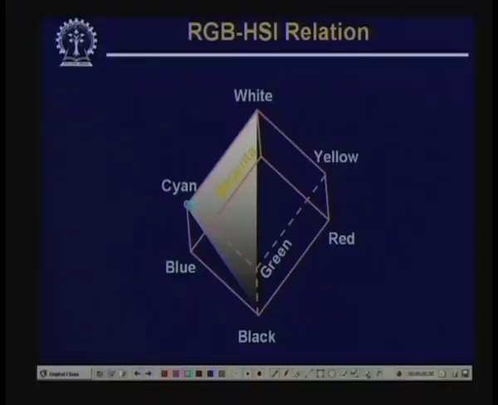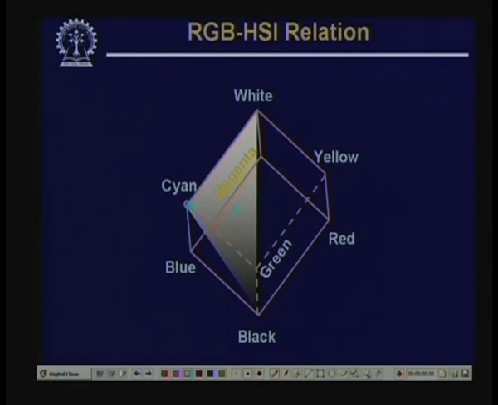From our earlier discussion, you can easily verify that for any point on the plane defined by cyan, white and black, the color components can be specified by a linear combination of these 3 points.